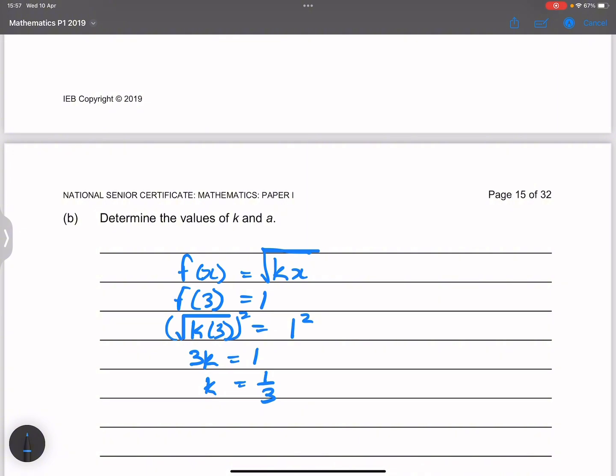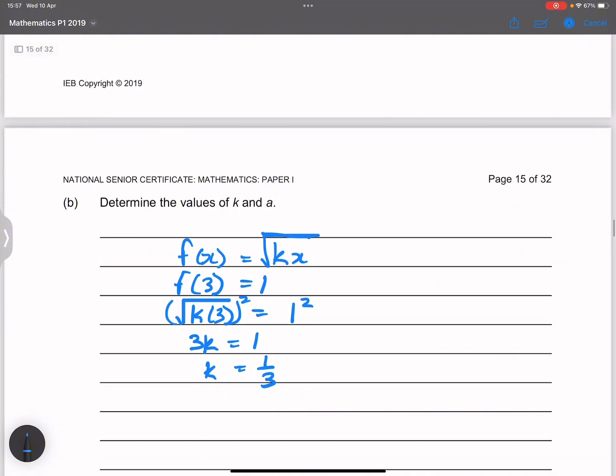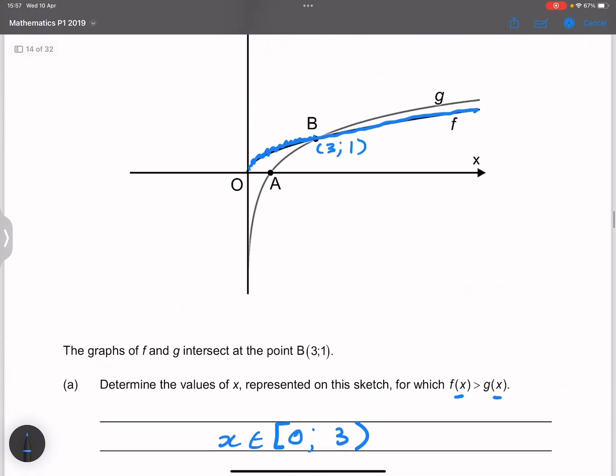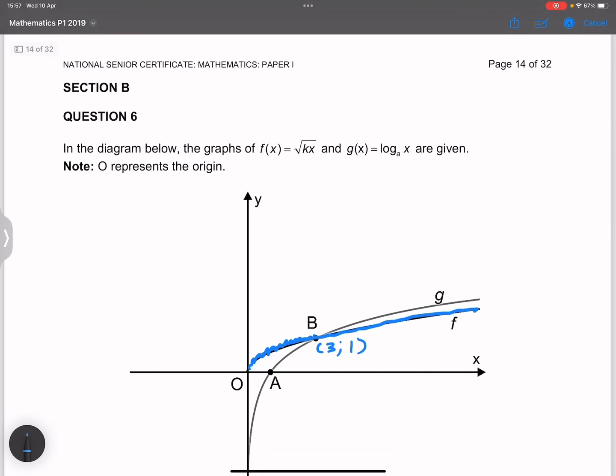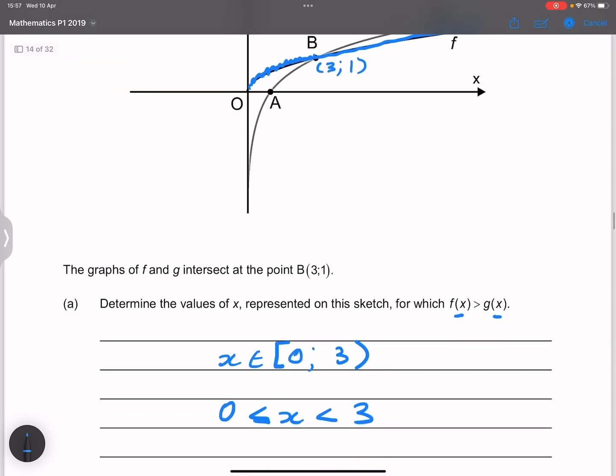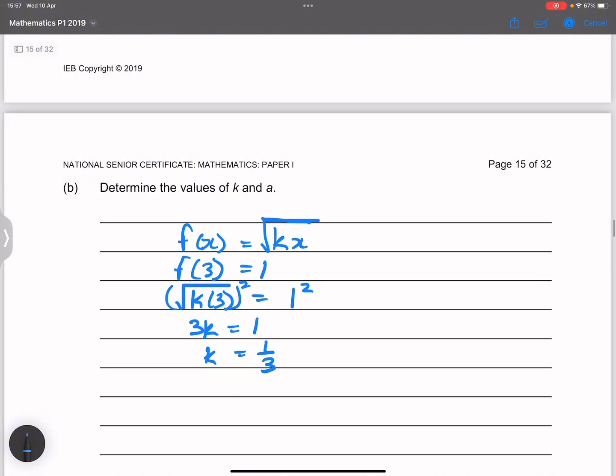And then we go to the graph of g of x. This is a logarithm graph. So g of x is log base a of x.